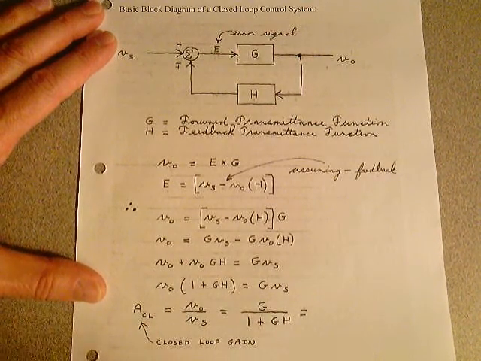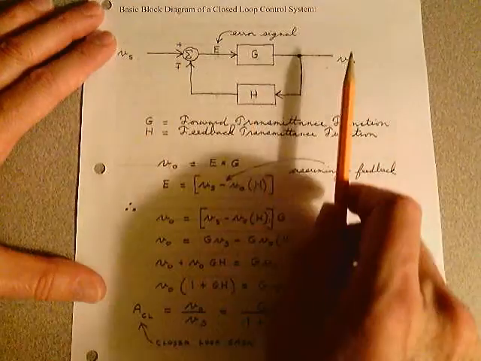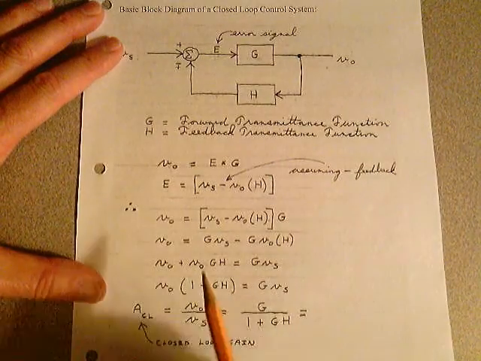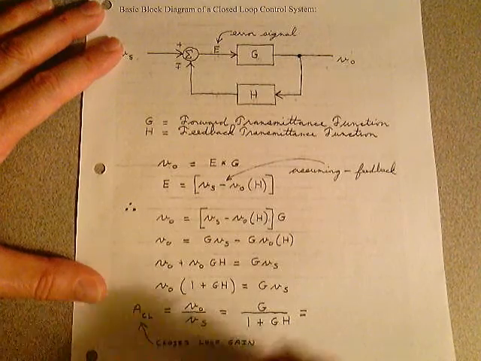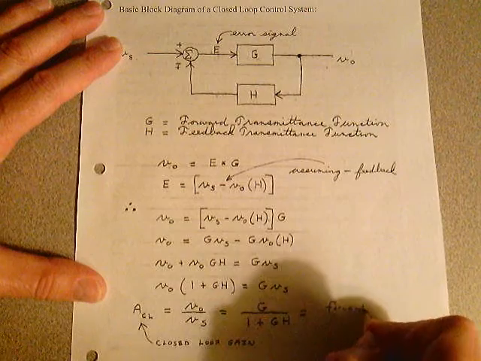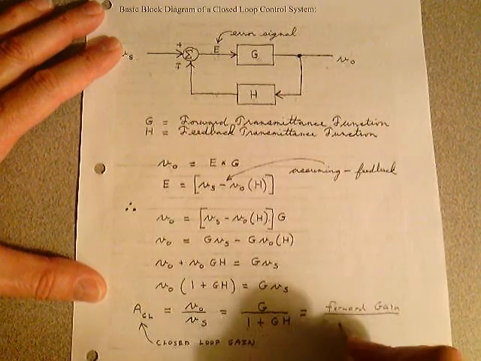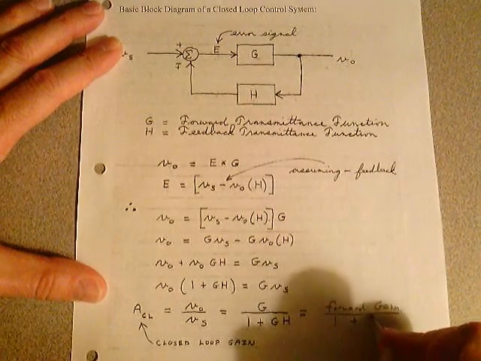It's telling you that when you get it boiled down to this block diagram, the closed loop gain is equal to the forward gain, divided by 1 plus the loop gain.